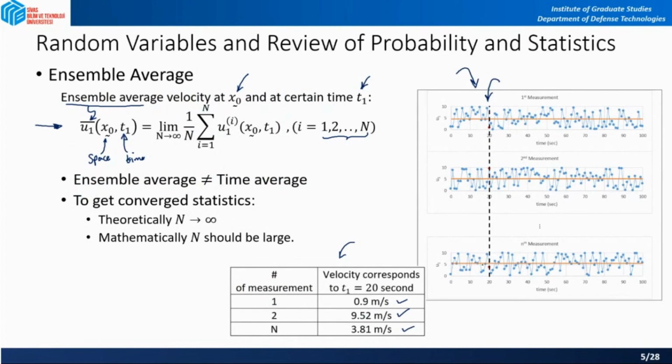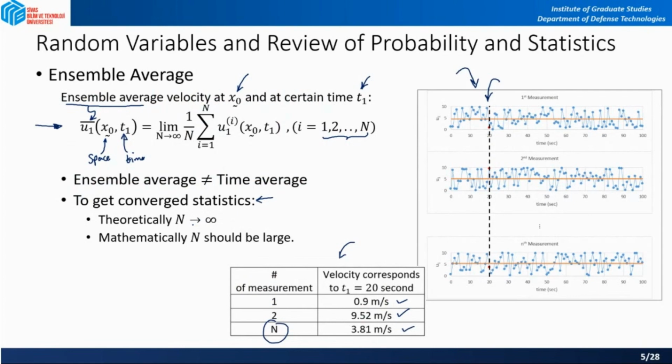Mathematically, we want this number of measurements n to be as large as possible. Theoretically, it should go to infinity to obtain what we call a converged statistic. But in a more practical sense, when we do experiments in the laboratory, n is a large number.